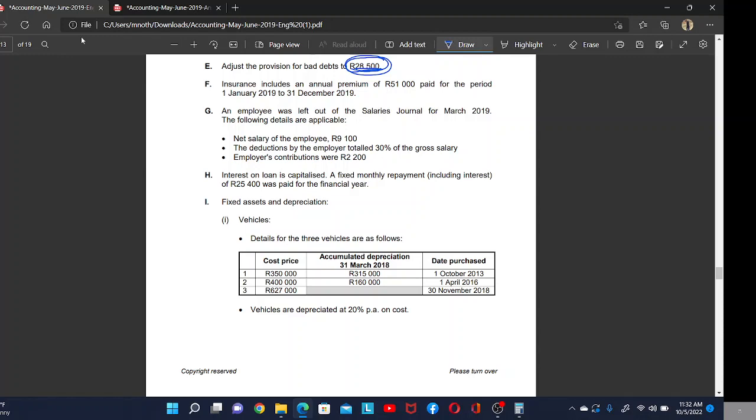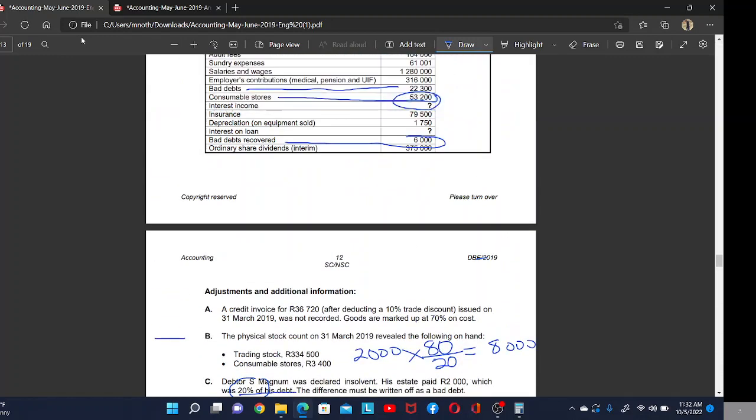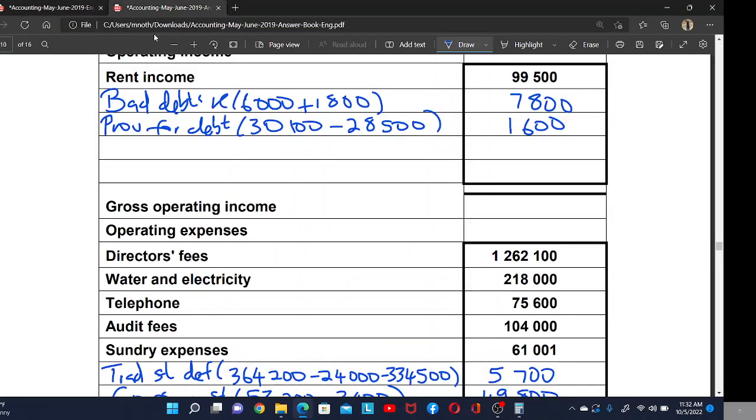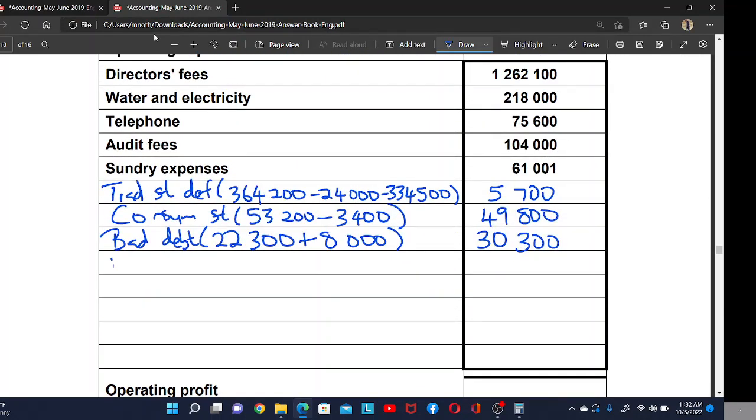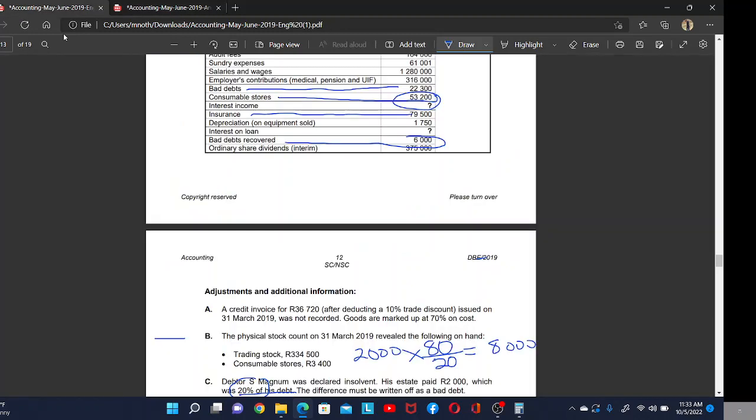Insurance includes, okay, let's go and check our insurance first. The insurance is 79,500. So what are they saying about the insurance?